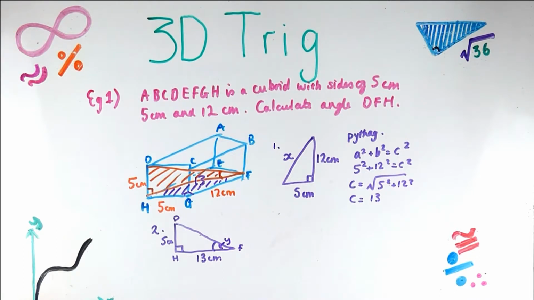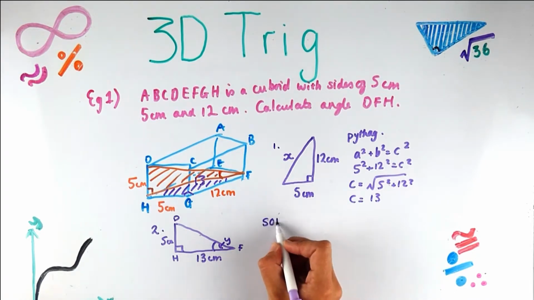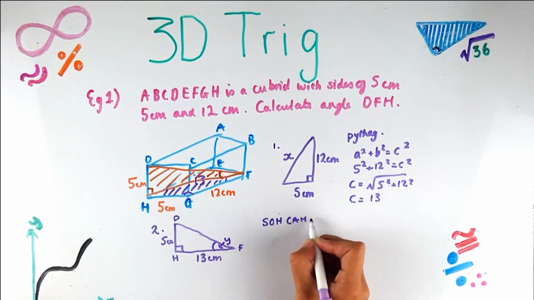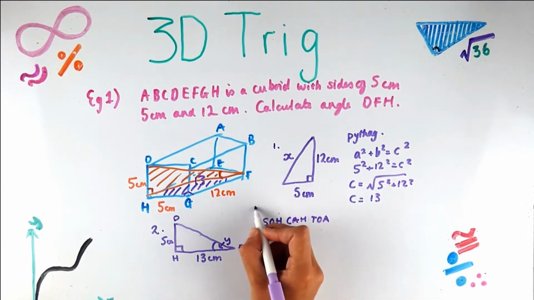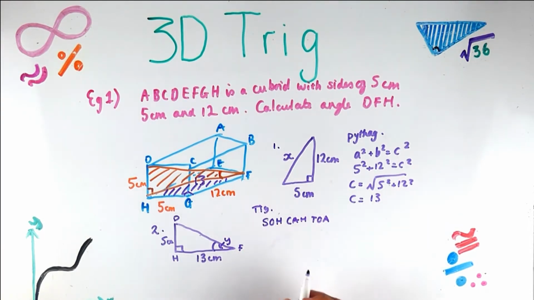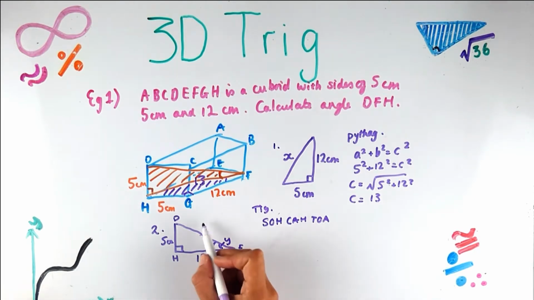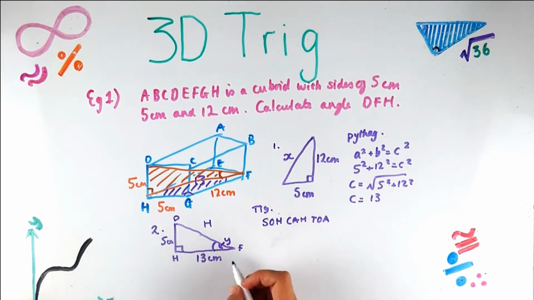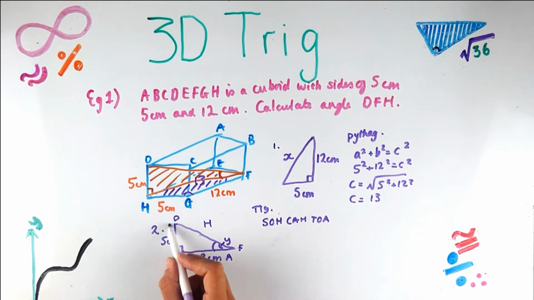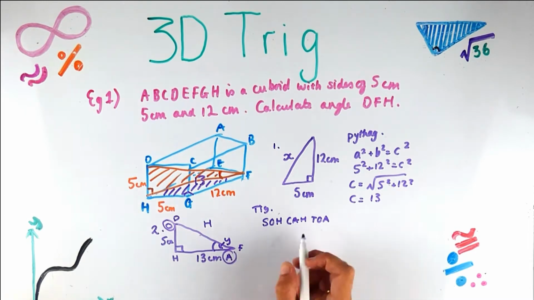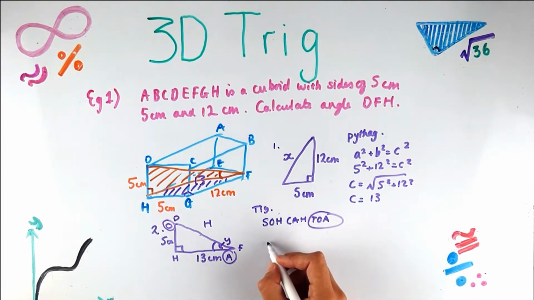Okay, and we're using trigonometry, so first thing to do here is SOH CAH TOA, so we remember. Label up hypotenuse, adjacent and opposite. You can see here we've got opposite and adjacent, so we're using tan, so we use the formula triangle.